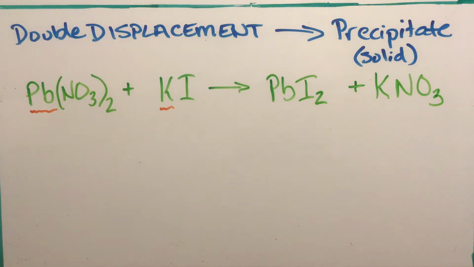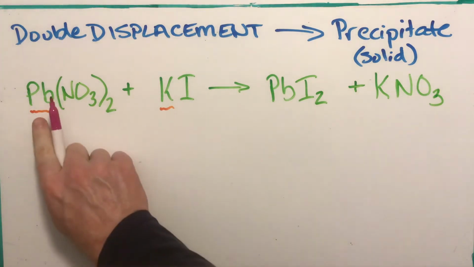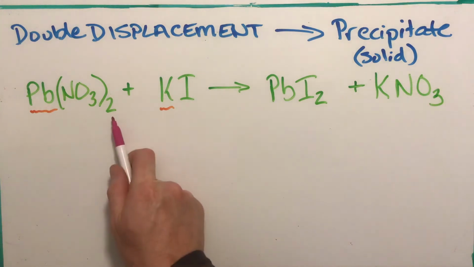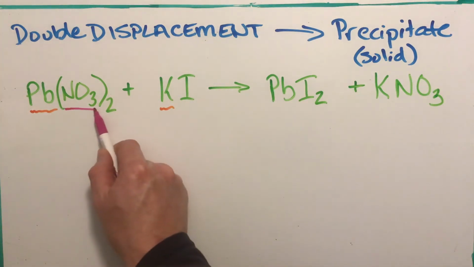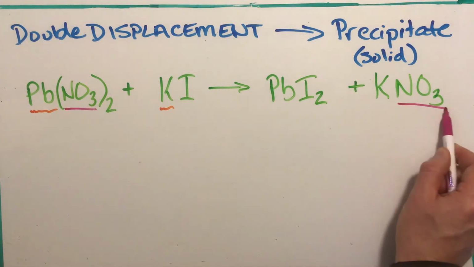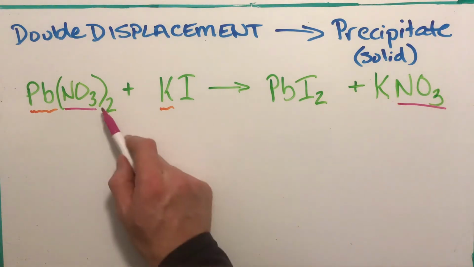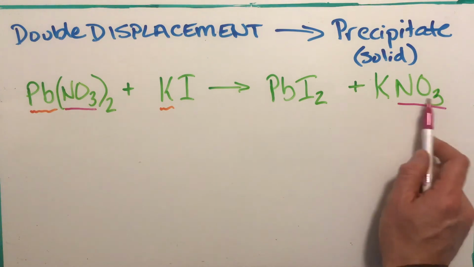We haven't balanced anything off. Maybe it's already balanced, but we will check that and we'll go through it. So to balance this, there's one lead going in, one lead coming out. That's great. Two of these nitrate clusters, and here I only have one nitrate. Remember that 3 is part of it, so it's not 3 nitrates, it's only 1. So 2 nitrate clusters, only 1 here.